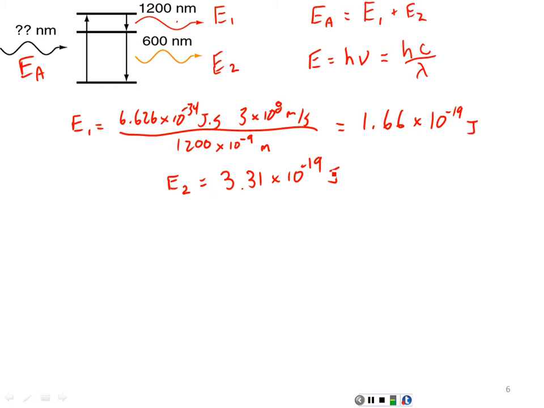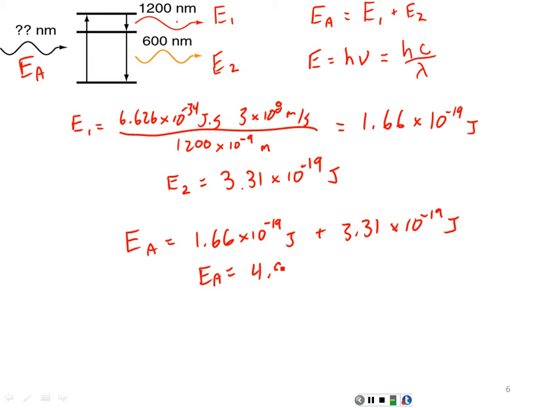So now we can solve for the energy of the absorbed photon, and that's just these two energies added to one another. And that is about 4.97, or about 5 times 10 to the minus 19th joules.